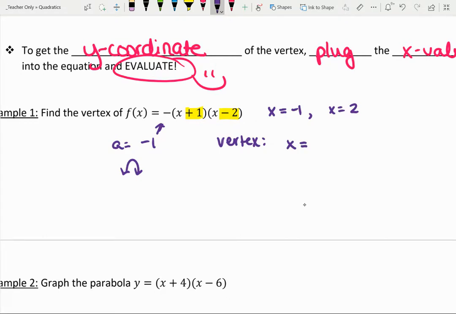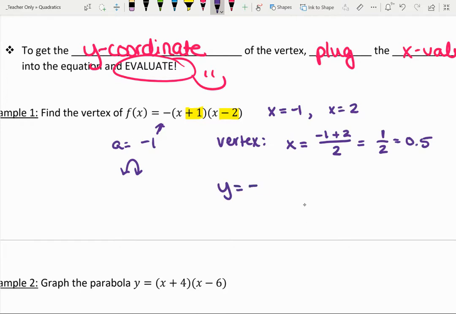So we're going to do that by adding these two numbers together, negative 1 plus 2, and then we're going to divide that by 2. So negative 1 plus 2 is equal to 1, and we divide that by 2 and we get 1/2 or 0.5.